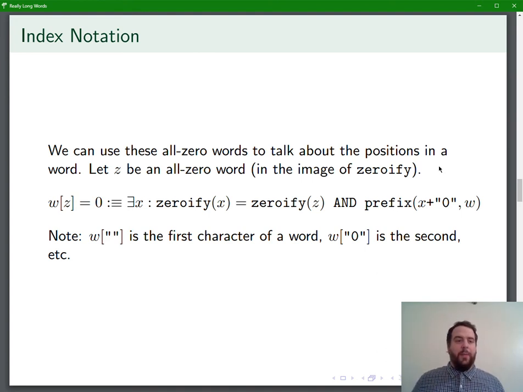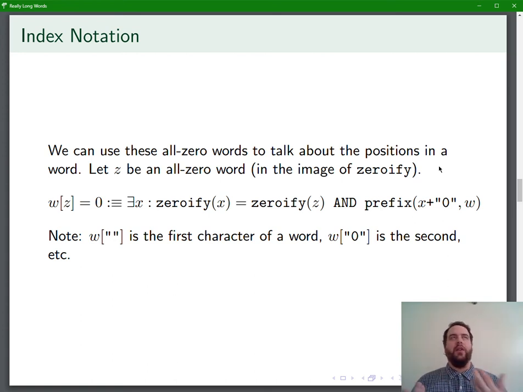If we want to talk about the word at position Z, let's say that the character of word W at position Z is equal to 0, and it's not equal as words, it's just part of the notation, if there's a prefix of W that's of the same length as Z, and then we tack a 0 onto the end, and it's still a prefix of W.